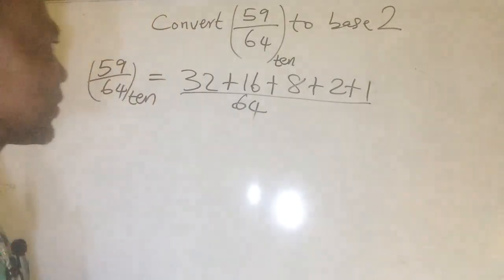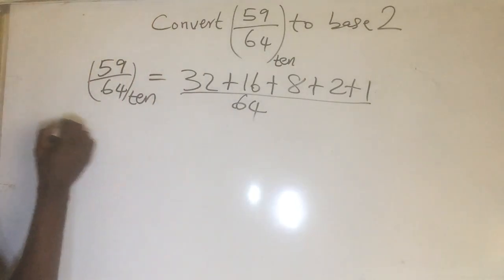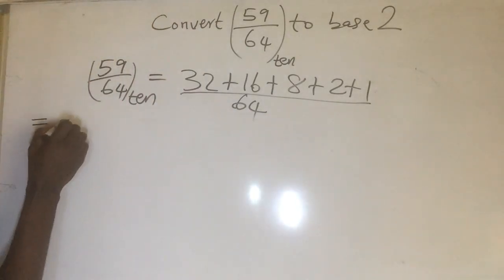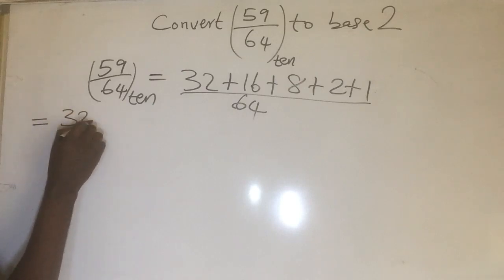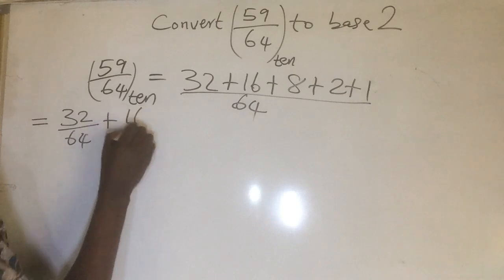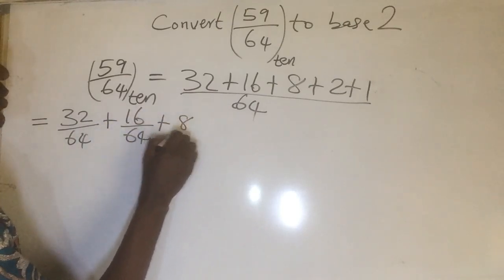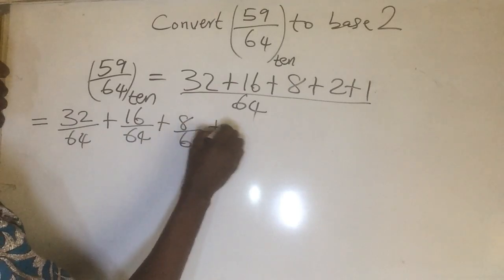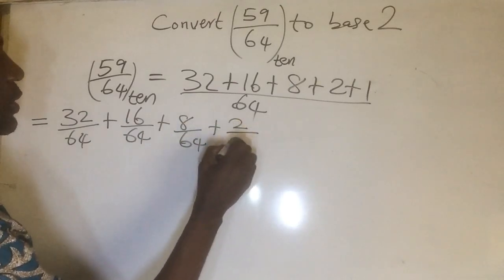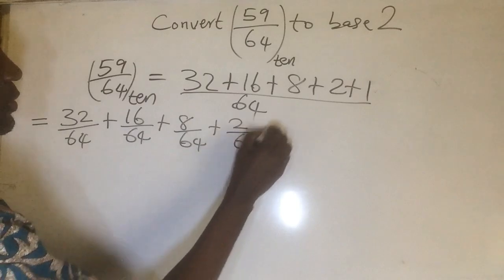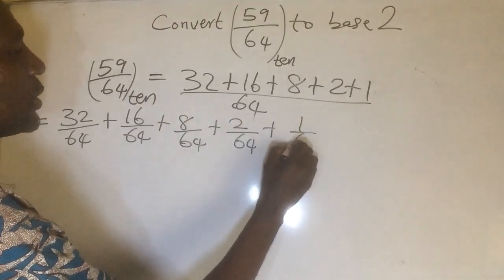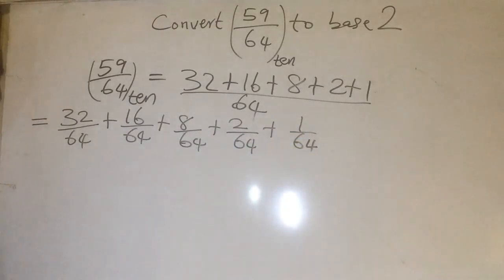Let's continue solving. We now have 32 over 64 plus 16 over 64 plus 8 over 64 plus 2 over 64 plus 1 over 64.